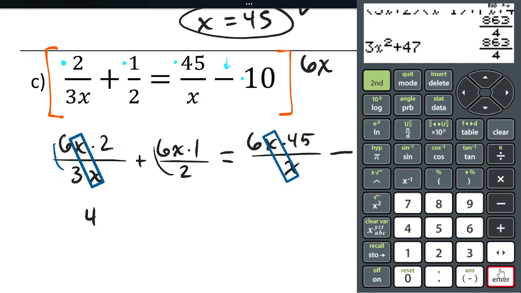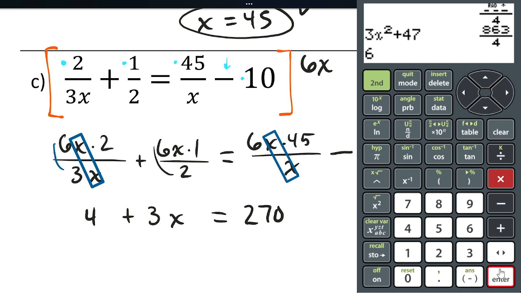And 3 times x is going to become plus 3x. Over on the other side, I'm going to have 6 times 45, which is the number 270. And I'm going to subtract from that 60x.